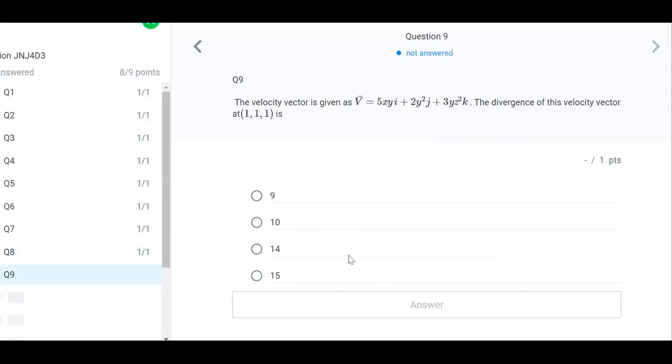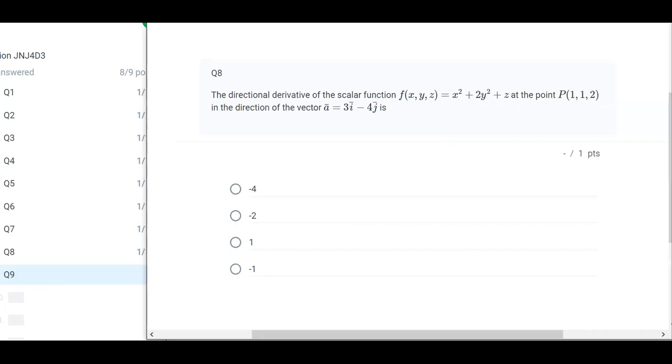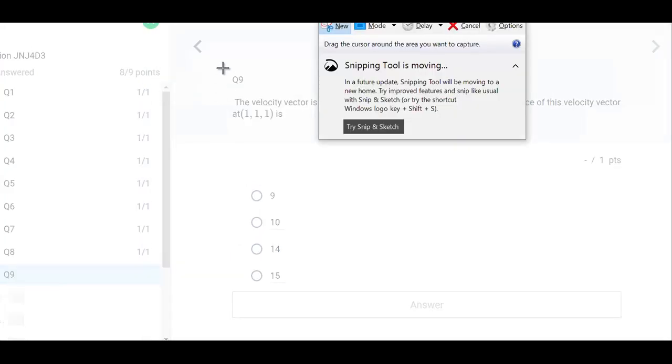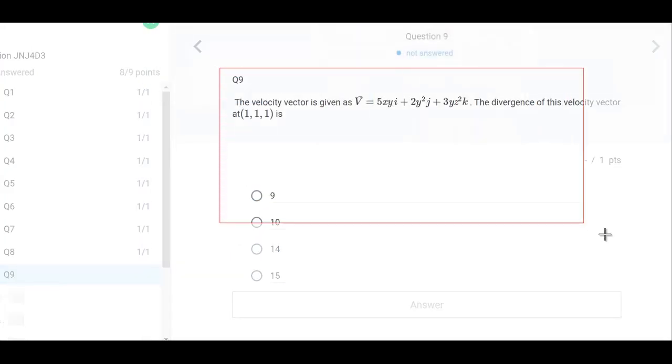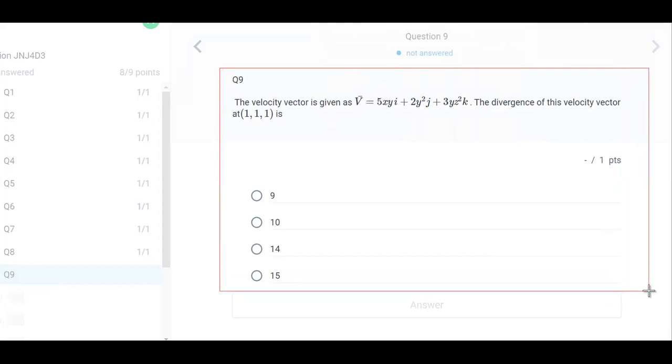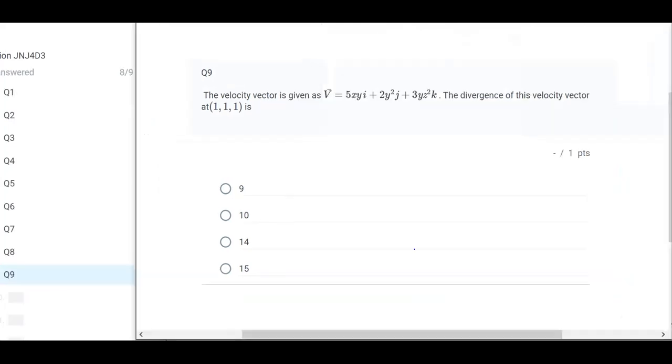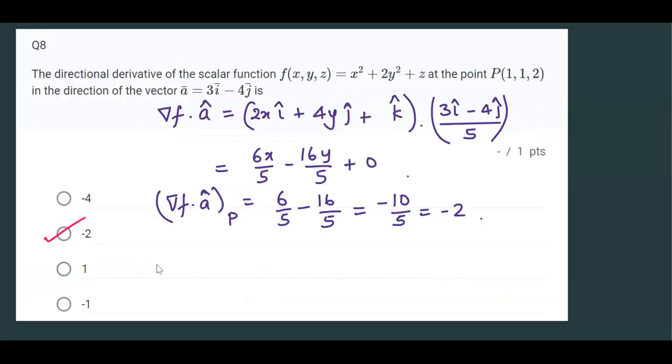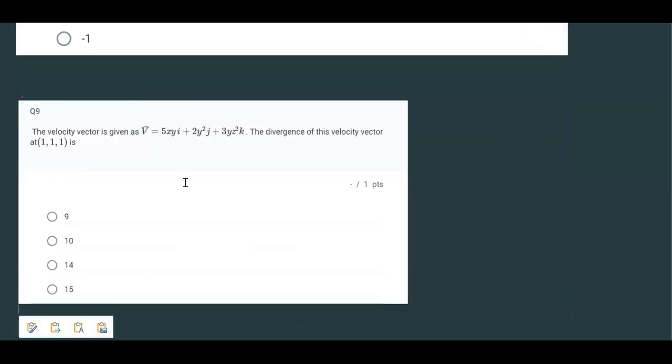Next question is on divergence. So far it was all gradient. Next question is on divergence. This is divergence of a vector field.